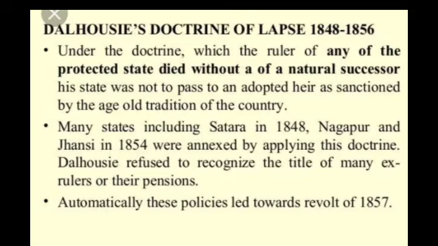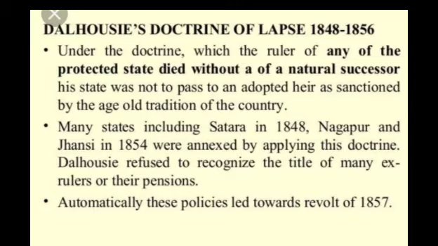Next, the doctrine of lapse. If a native ruler did not have a male heir to the throne, the territory was to lapse into British India upon the death of the ruler.